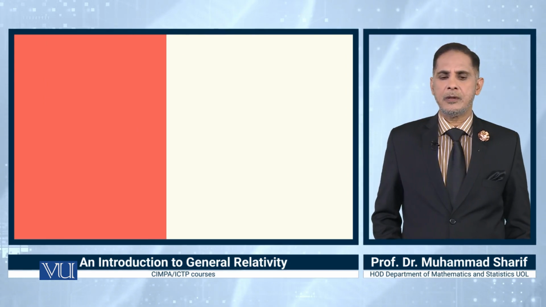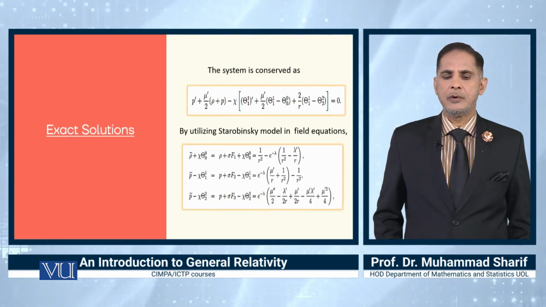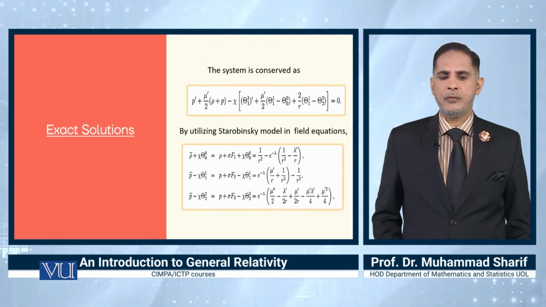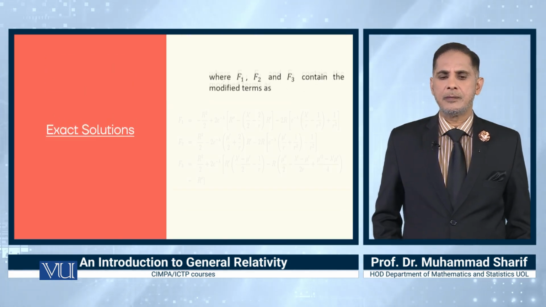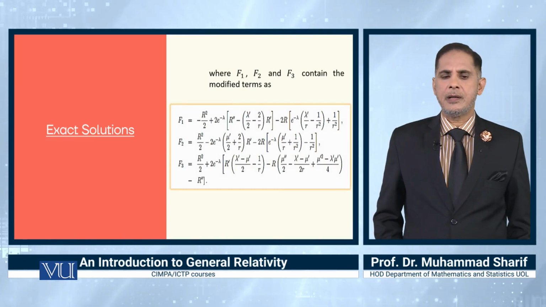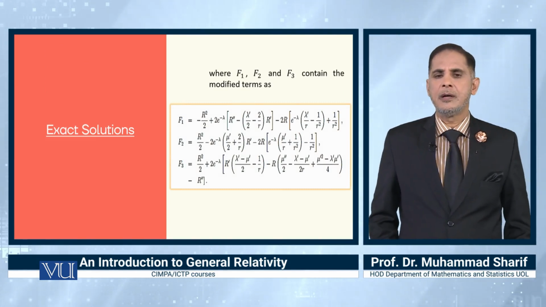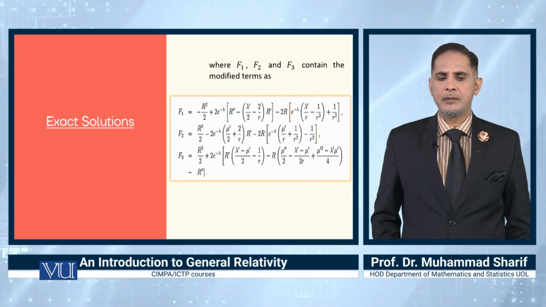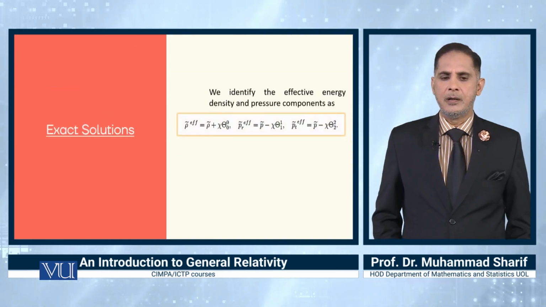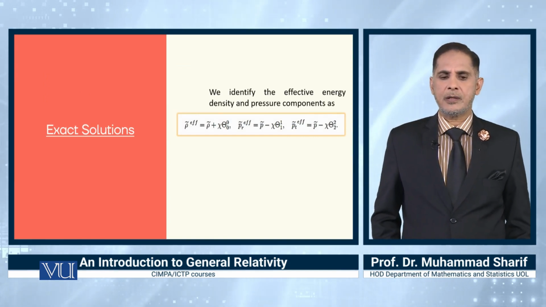Here, as you can see, we have functions f1, f2, f3, and these are given here. These functions contain the modified terms. Obviously, prime means derivative with respect to the radial coordinate. Okay. Now, we can identify the effective energy density and pressure components.